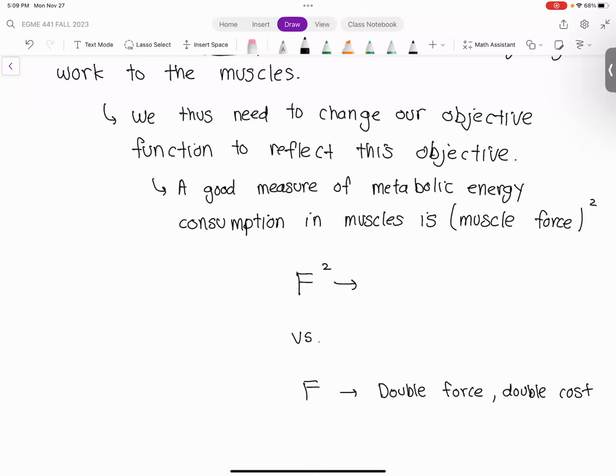Whereas for the squared scaling or the quadratic scaling, if we double the amount of force, right? And so if we compute 2f squared, okay? The cost that's associated with this is 4f squared, okay? And so when we double the force, there's a dramatic increase in the cost. So instead of doubling the cost, we multiply the cost by 4x.